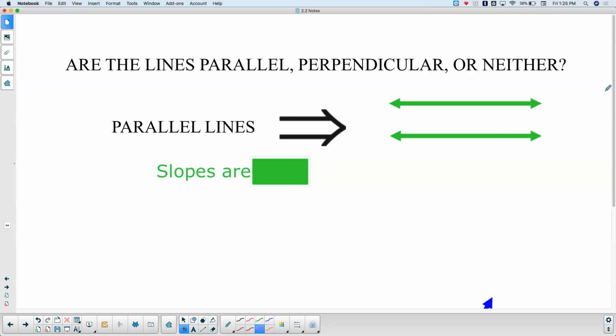Tell me anything else about parallel lines. They have the same slope. Yep. Give me a real-world example of parallel lines. Train tracks. Most common one, because they never intersect. So the slopes we said are equal. Have to be exactly the same in order to be parallel.